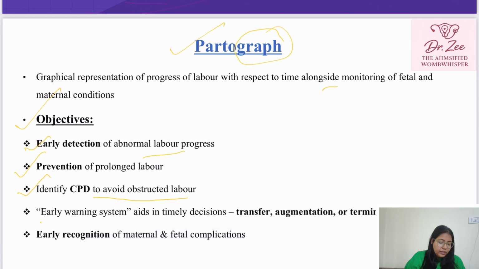Also, partograph acts as an early warning system, and it aids in timely decisions. If the patient is in a lower center, we can refer her to a higher center, a tertiary care center, whenever needed. In timely decisions of transfer, if augmentation of labor or termination of pregnancy is needed, all that can be known from the progress of labor. It helps in early recognition of maternal and fetal complications.